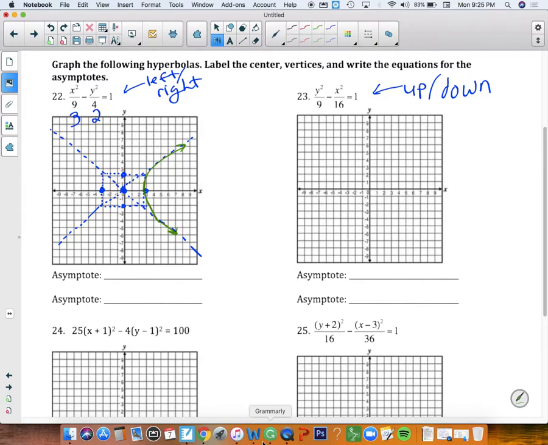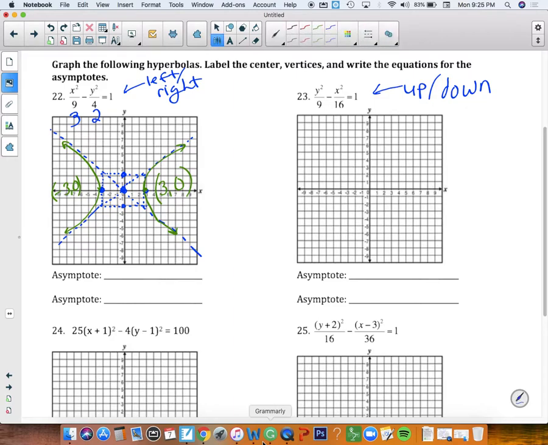I kind of went past it. Try to stay inside them. Okay. 3, 0 is my vertex to the right because that's where it started, is at 3, 0. And then negative 3, 0 is my vertex on the left because that's where it started on the left. So that's my hyperbola. Okay.